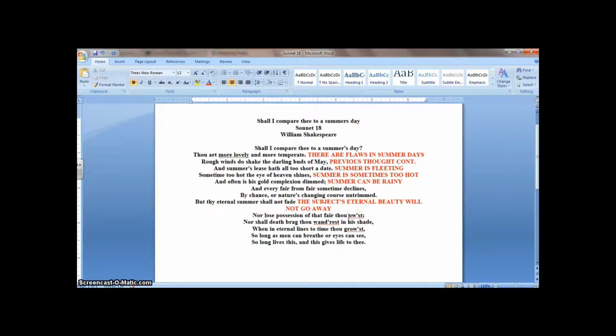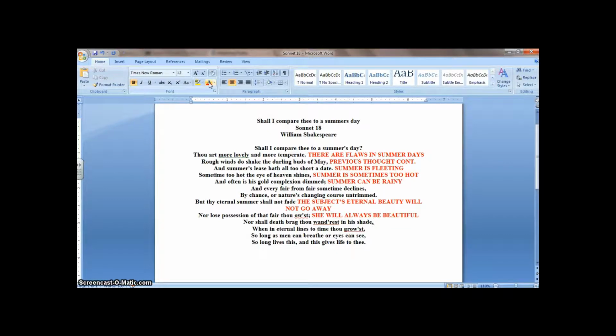"Nor lose possession of that fair thou owest." So she will always be beautiful is what I'm thinking. "Nor shall death brag thou wanderest in his shade, when in eternal lines to time thou growest."